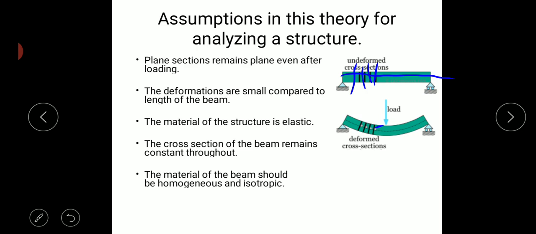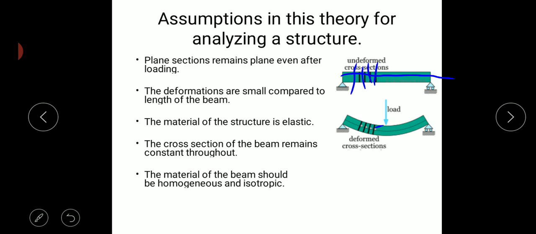If E, the Young's modulus, remains constant throughout, it indicates that the material is not composite in nature. It has a single element throughout. Therefore the value of E remains constant.